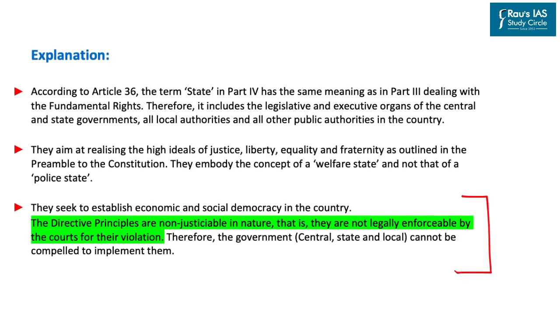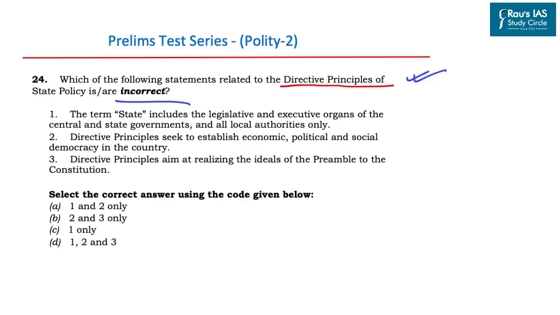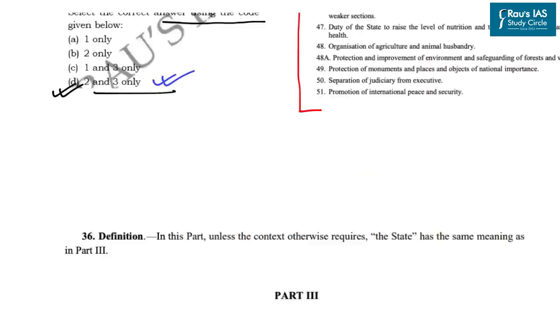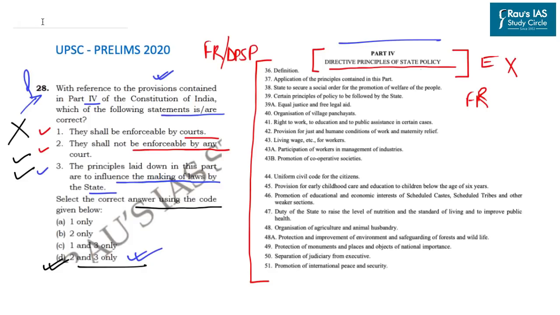Now, an important point to be highlighted here is that one of the explanations for this particular question stated very outrightly that the directive principles are non-justiciable in nature, that is, they are not legally enforceable by the courts for their violation. So, if any one of you have gone through the basics either through NCERT or would have solved this particular question asked in the prelims test series, then it would have become easier for you to attempt this particular question asked in the prelims of 2020.